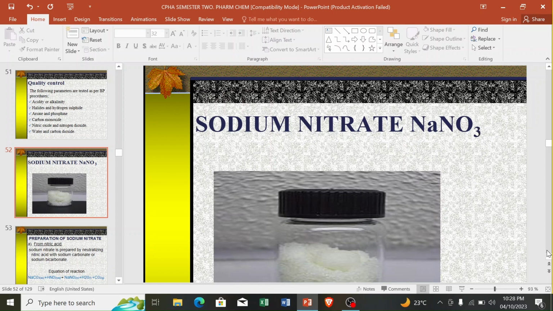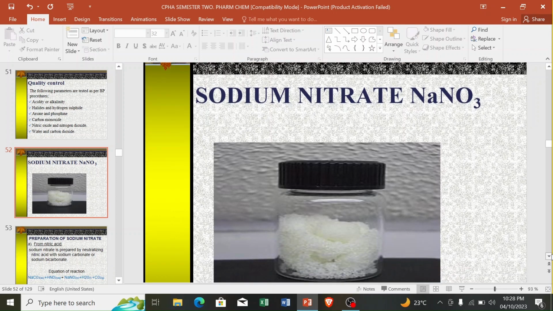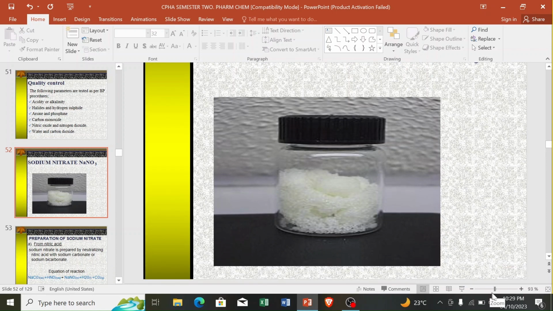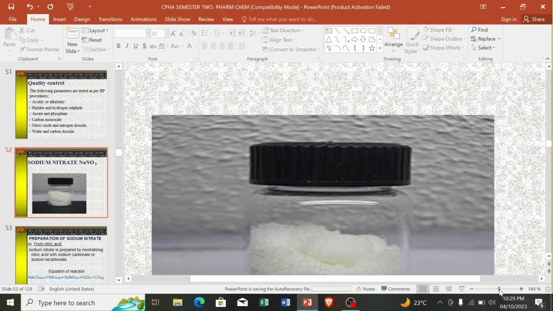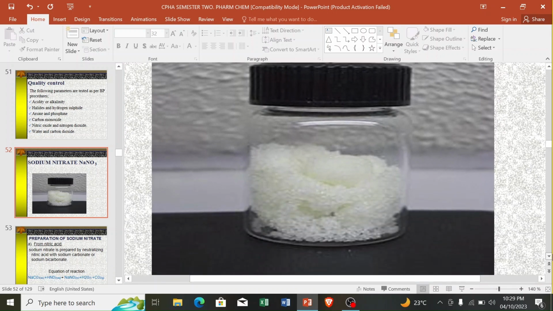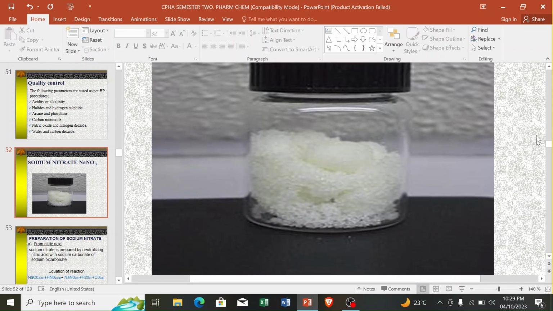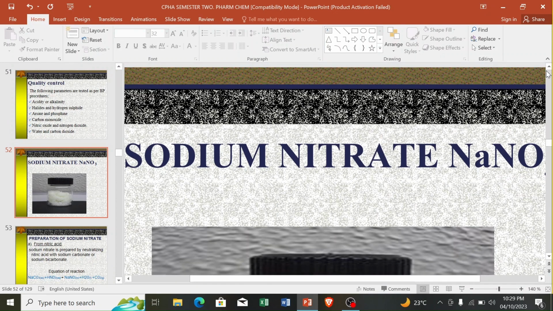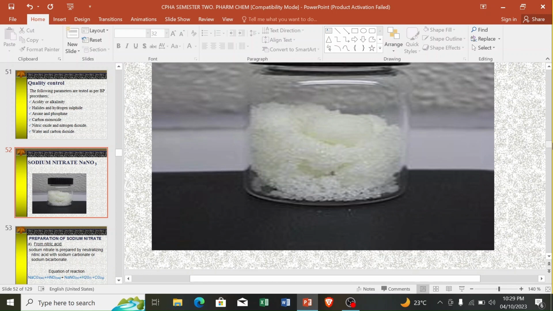So here is a diagram showing how sodium nitrate can look like. So this is our sodium nitrate. Okay, I don't know whether this is visible. Sorry about that. Let me see. Okay, let's just picture this.